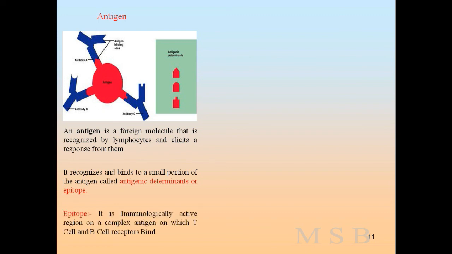It is the immunologically active region on a complex antigen to which T cell and B cell receptors bind. This diagram shows an antigen and antigenic determinants to which various antibodies are attached.